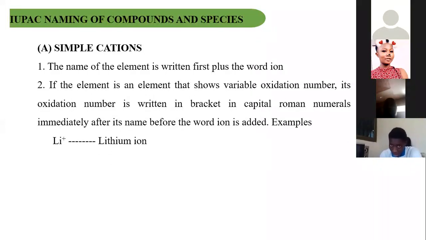Look at the bottom of the second point. Li plus. Li is lithium. So you just write the word lithium because Li stands for lithium. Then you leave space and you add the word ion to it. Ion because it is charged. It has a charge. So if you don't add the word ion to it, you are wrong.